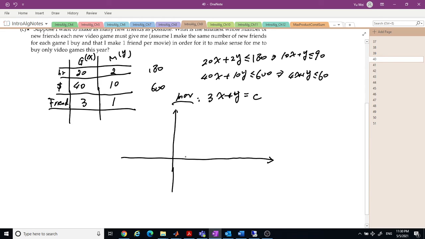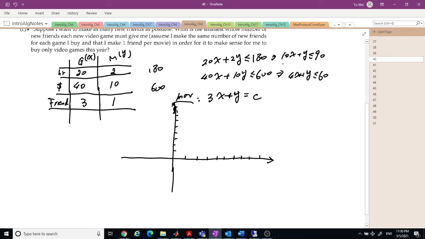So let's use tens: 10, 20, 30, 40, 50, 60, 70, 80, 90. And here for this one, 10, 20, 30, 40, 50, 60, 70, 90.